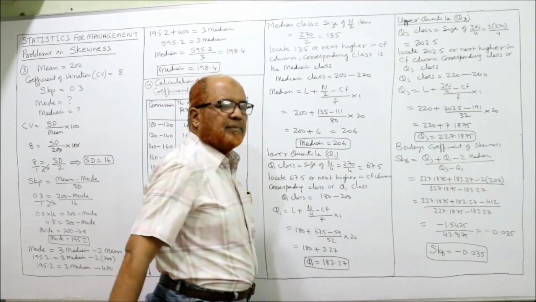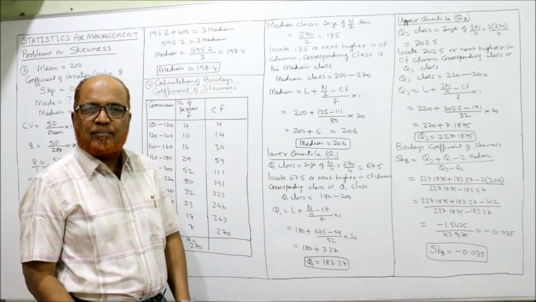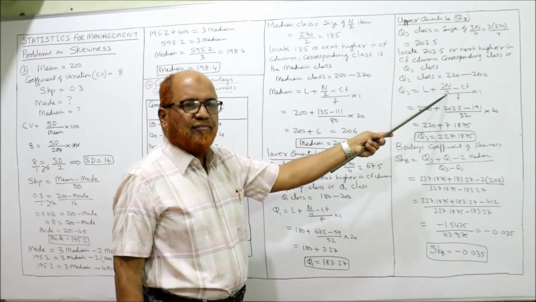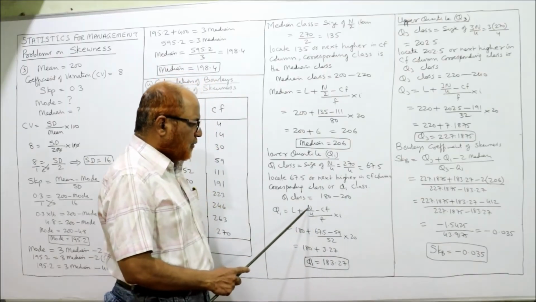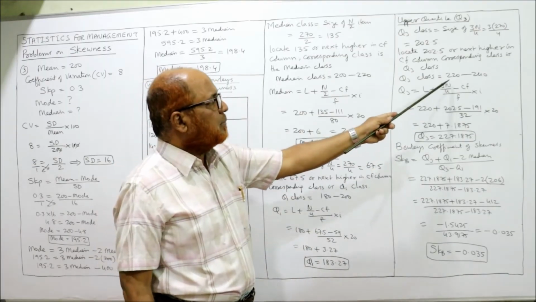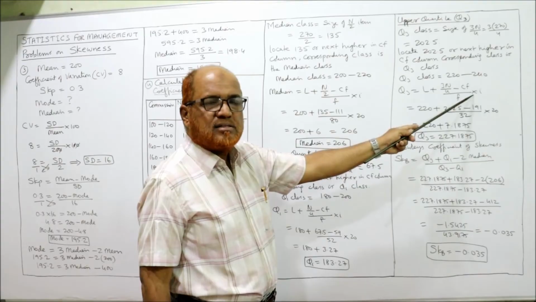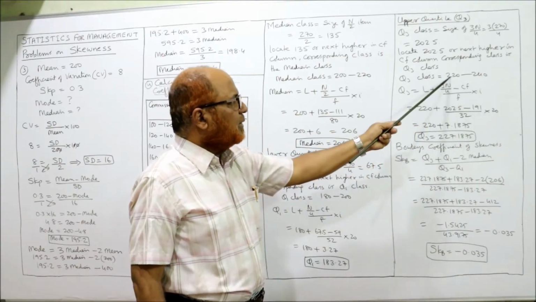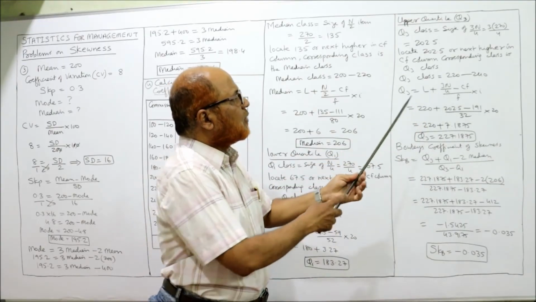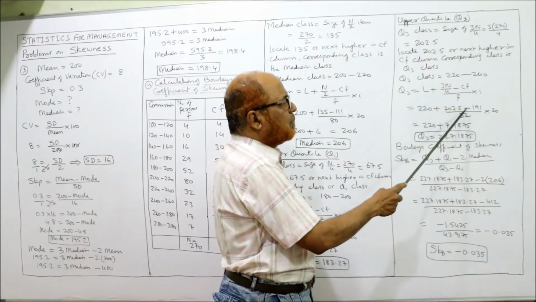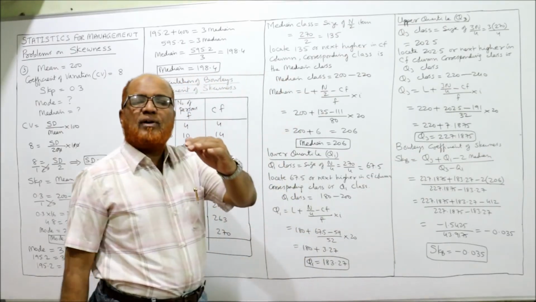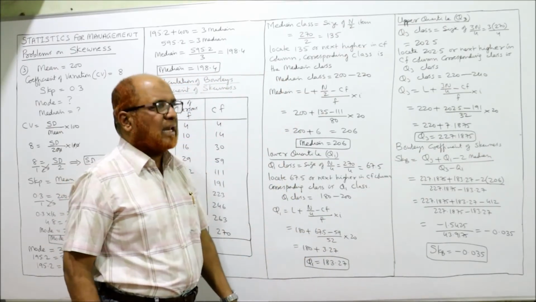Now the formula, same formula: L plus (3n by 4 minus CF) by F into I. Here we have taken only n by 4 before, here we are taking 3n by 4. So the lower limit L is 220. 3n by 4 we already got, 202.5, minus CF, the cumulative frequency of the class preceding the Q3 class.